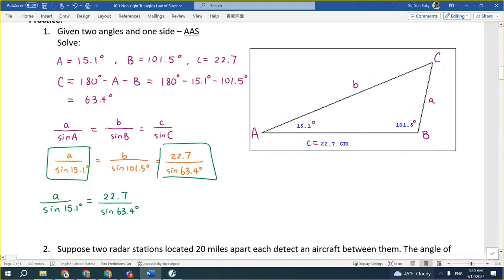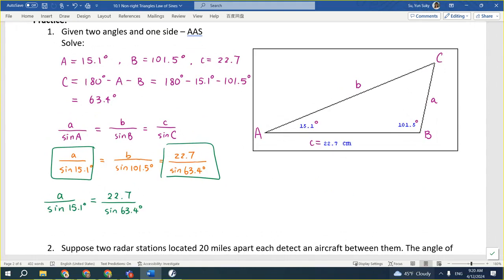Right, everybody? So what is A? Both sides multiply by sine 15.1 degrees. So solve for A. Both sides multiply by this, and then on the left it's gone.